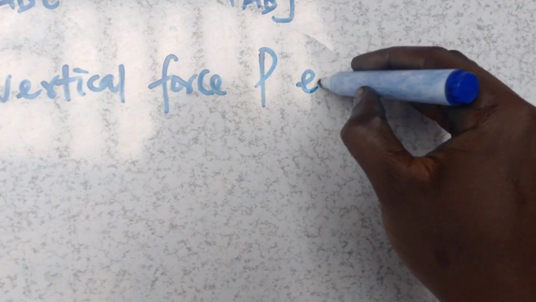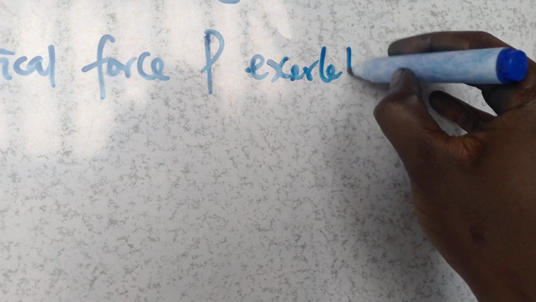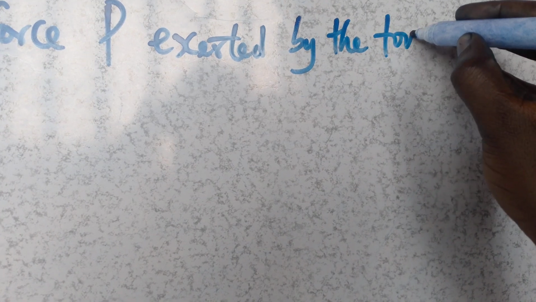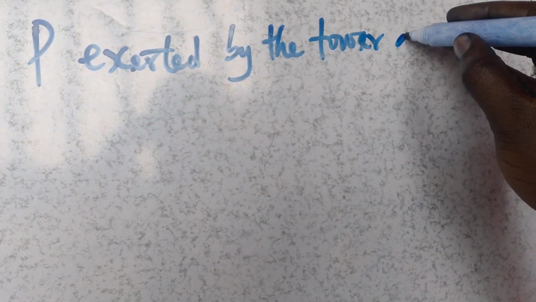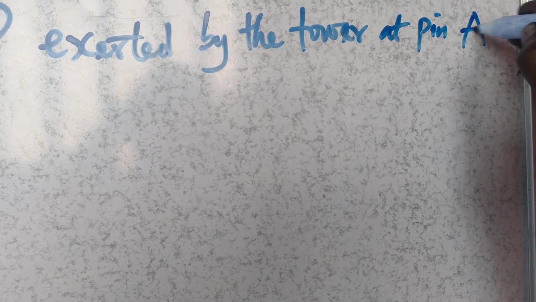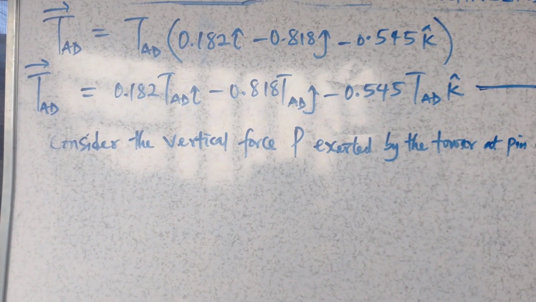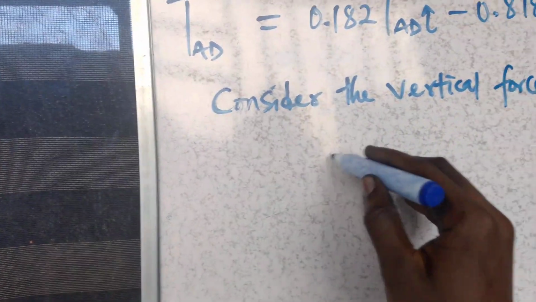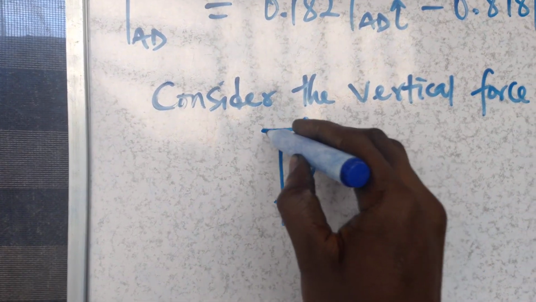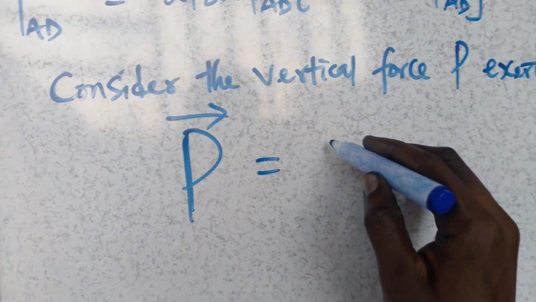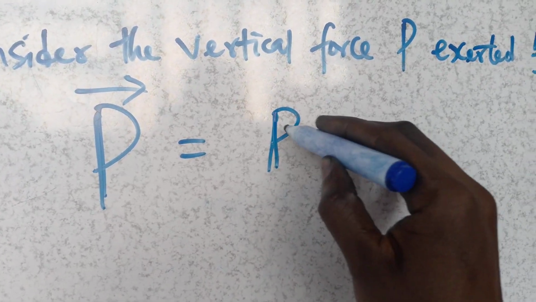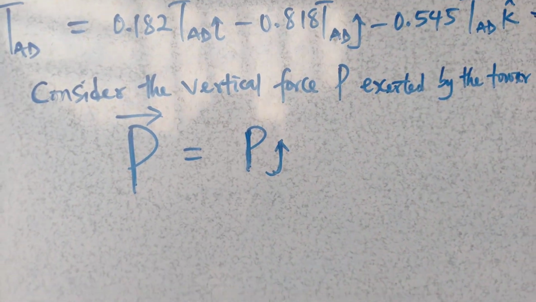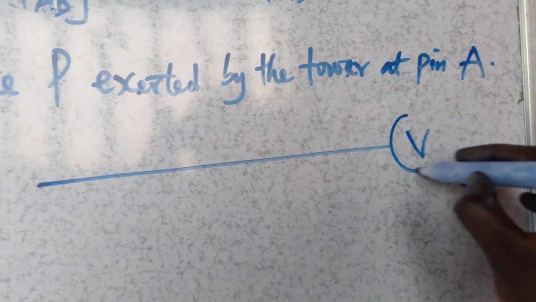So consider the vertical force P exerted by the tower at pin A. The vector P will be equal to, since it is going upwards, plus PJ, which I can call equation 5.